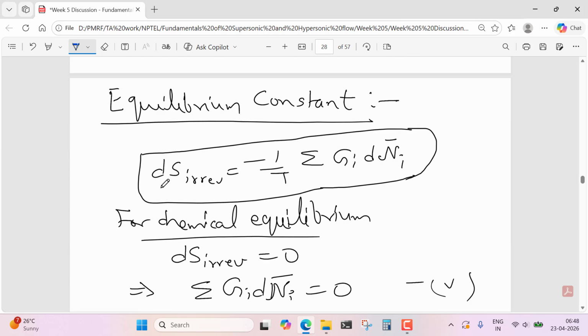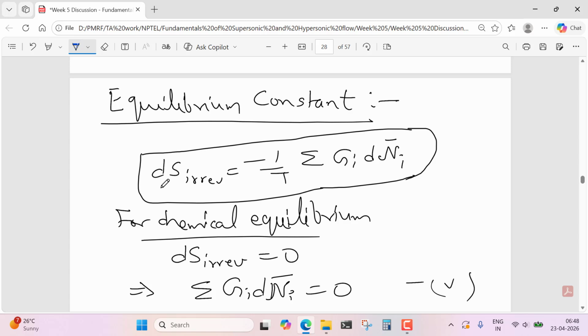Now we will see some more theory, and this time it is related to the equilibrium constant. The equilibrium constant is related to an equilibrium chemically reacting mixture, and it applies only when there is equilibrium.